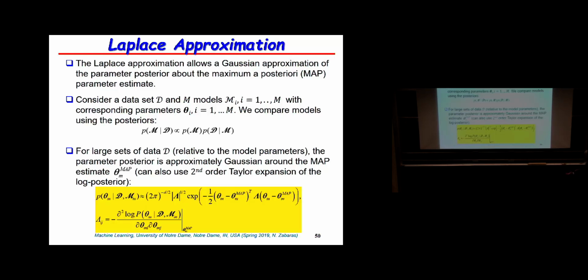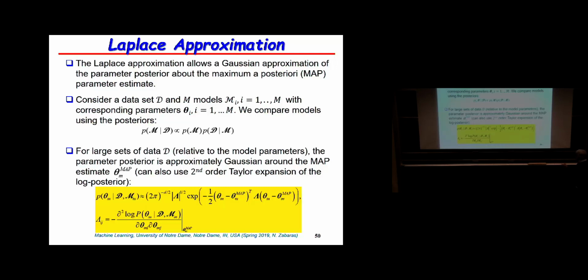You will get a linear term, involving the derivatives of the log posterior at the MAP estimate. And how much is that derivative? By definition, what's the derivative of the posterior at the MAP point? Zero. And the only thing you're left with is the quadratic term. That's a Gaussian.